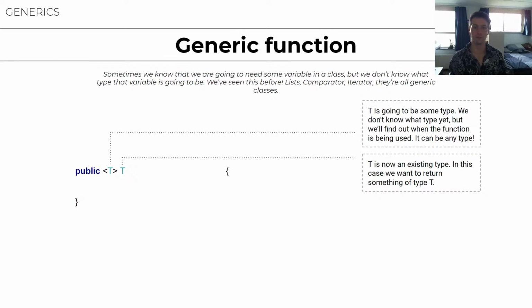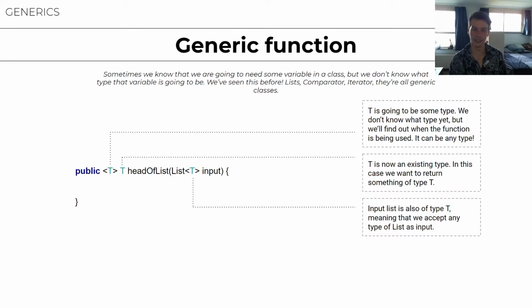With a generic function, this is most of the time going to be a list of T or just a T. Also note that it can be T, it can be S, it can be cookie. It's whatever you decide to name it. So it returns a single element T because I want to return the first element of the list, which is just one element. It has the name headOfList, and it has an input.